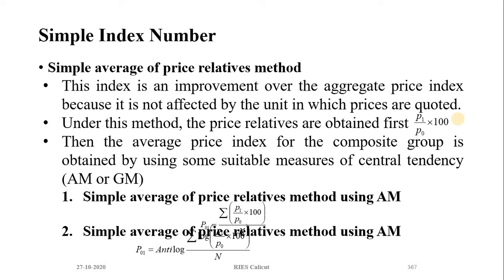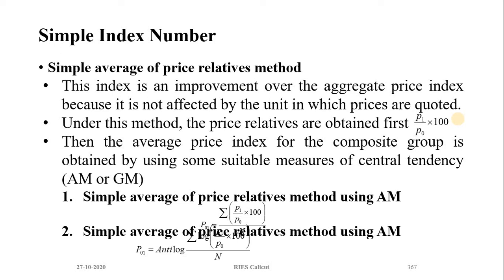Okay, so how can we calculate it? Using AM, we calculate it as sigma of P1 divided by P0 into 100, divided by N. Similarly, using GM, we calculate it as sigma log of P1 divided by P0 into 100, divided by N, or the anti-log of sigma log of P1 by P0 into 100 divided by N. Earlier we just had sigma P1 divided by sigma P0 into 100.